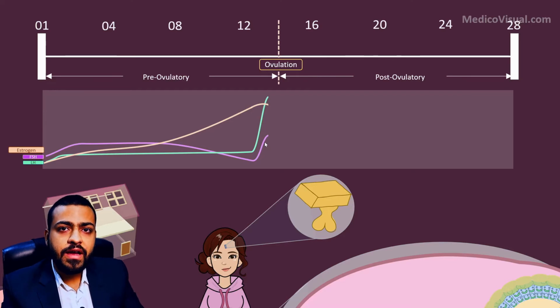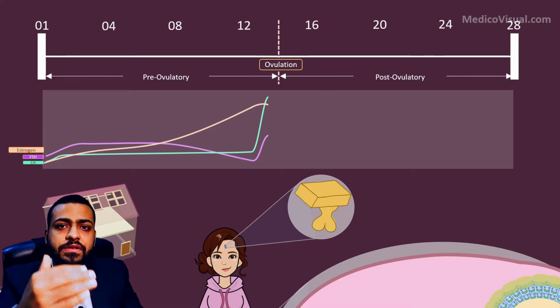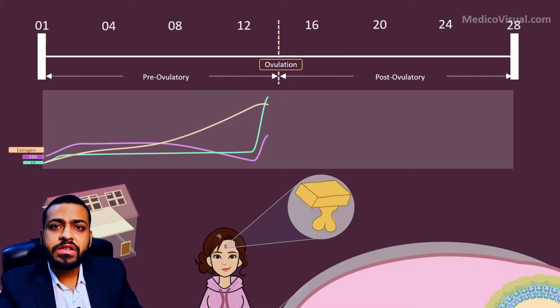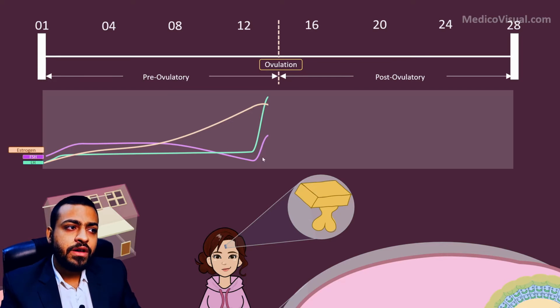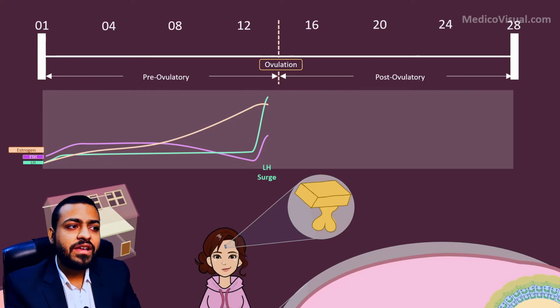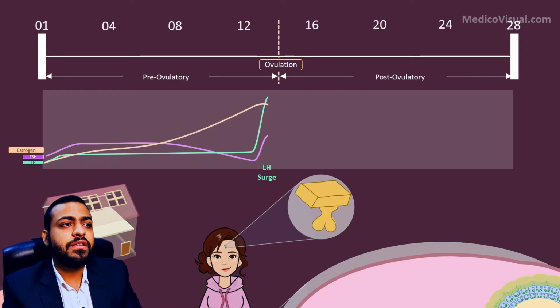There is a sudden rise in the level of LH as well as FSH, but the rise in LH is much greater compared to the rise in FSH. When there is a sudden surge of LH, it is simply called LH surge. Of course there is an FSH surge also, right? But LH surge is much more important and significant here. We will discuss why it is significant.